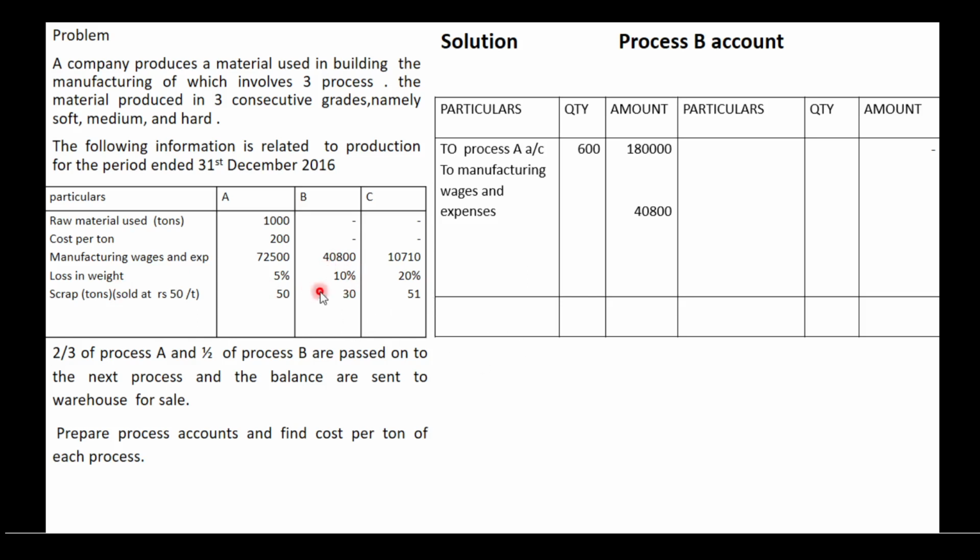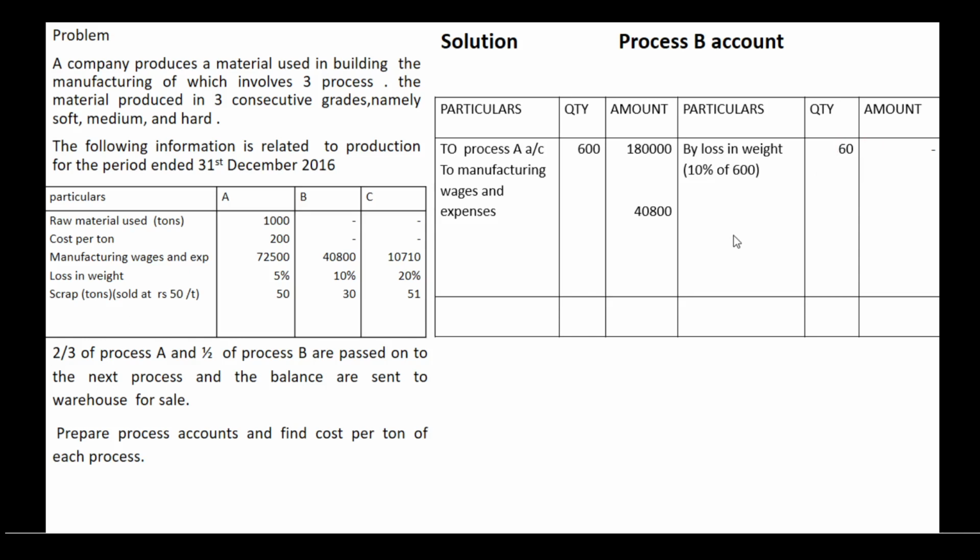That is, this 10% is calculated on the basis of the input unit, that is the 600. So 10 into 600 by loss in weight, 10 divided by 100 into 600. So now the number of tons of losses is 60 tons.